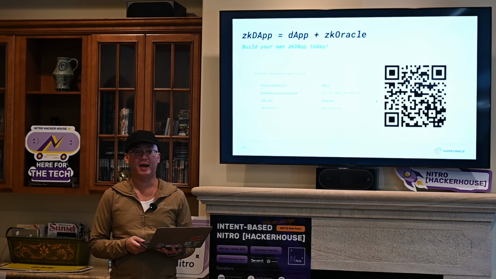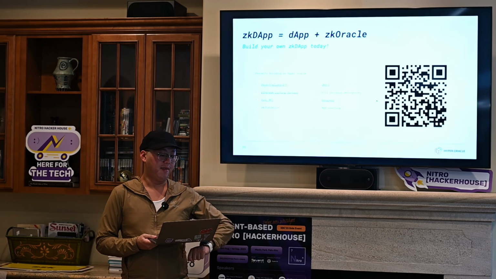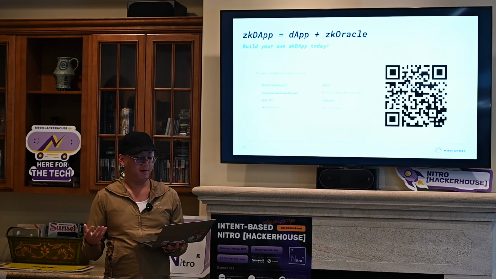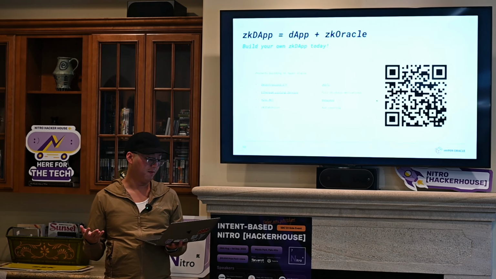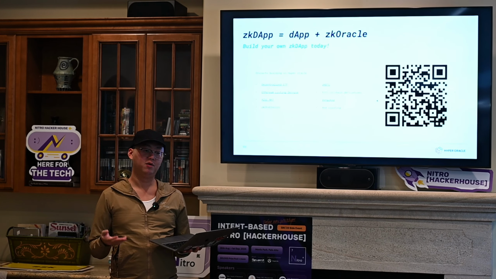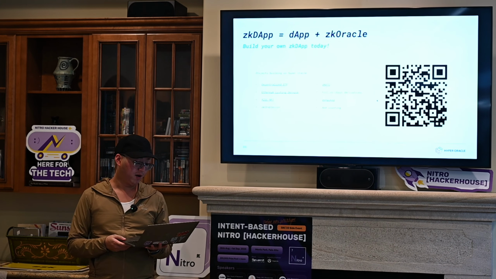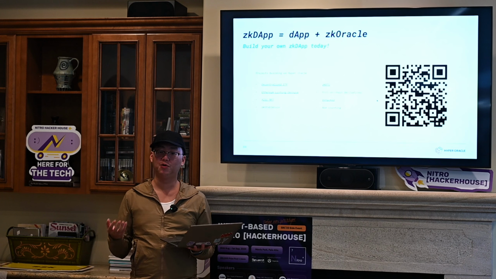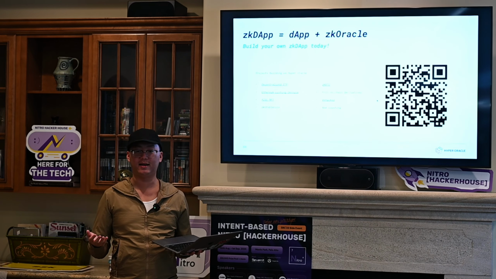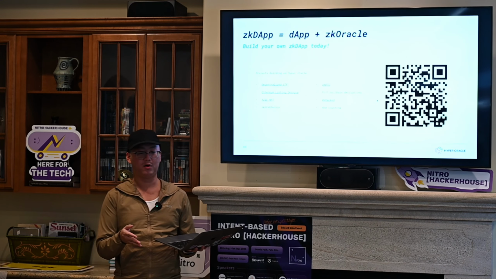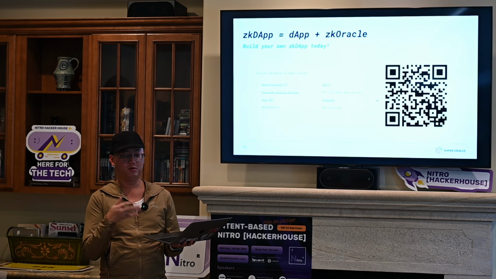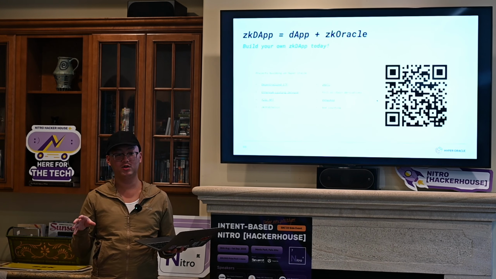There are many use cases for zk oracle. The one I mentioned earlier is the DeFi 3.0 use case, like a fully on-chain ETF and fully on-chain derivatives. You can also have security use cases, like 0xHack, which utilizes the zk oracle to do security checks for a smart contract.